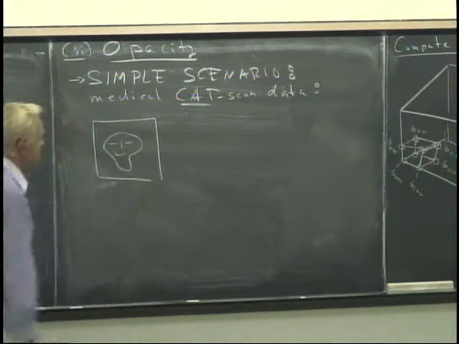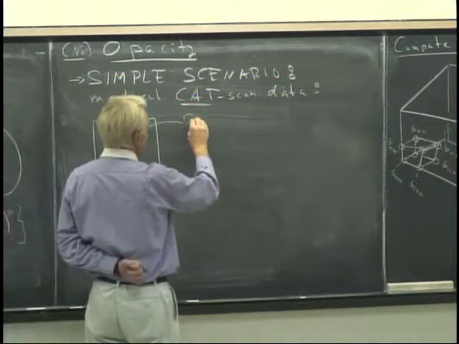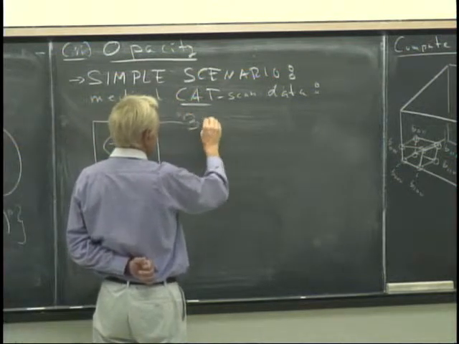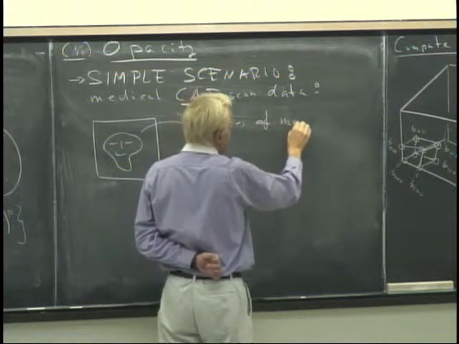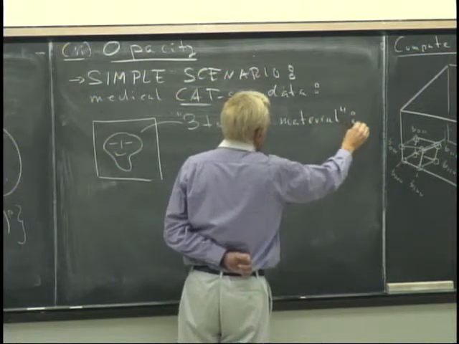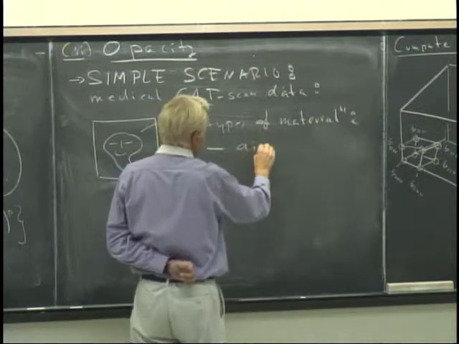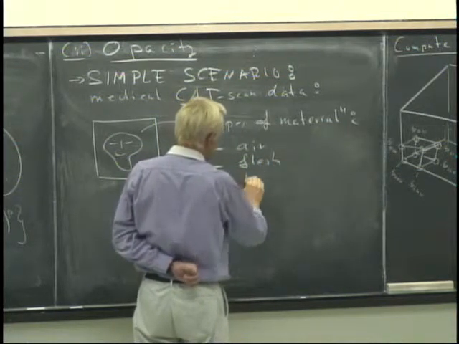It's in there. And so there are 3 types of materials, say. Okay, so there's air, there's flesh, and there is bone.